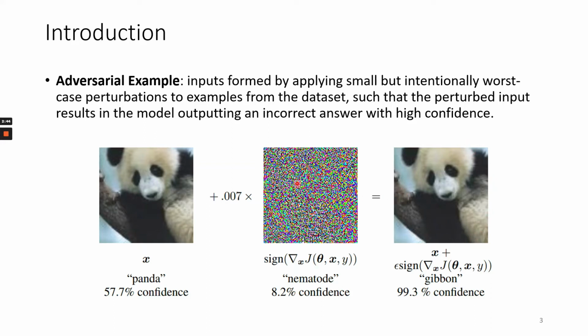Now, how exactly do we do this? We generate it using an algorithm, which we'll be discussing further into the presentation. We first generate this noise that you see over here, which is the perturbation, and then we add it to the image. In our case, it's an image of a panda, but it could be any data set.